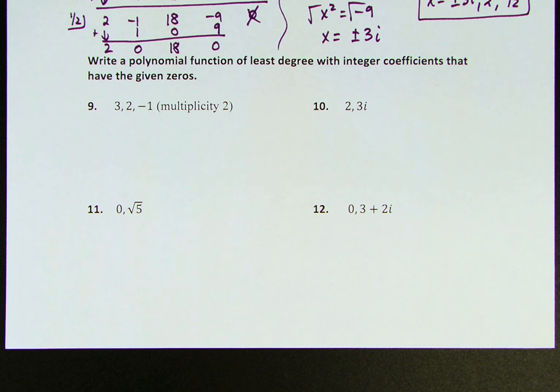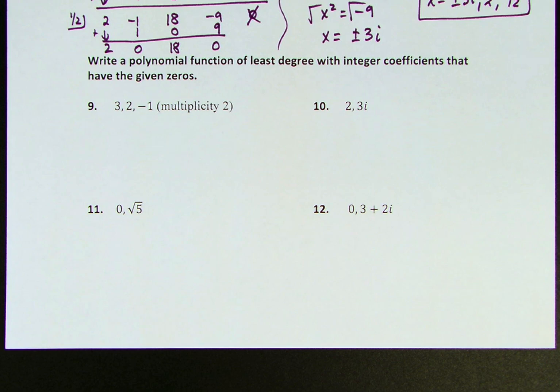Or at the very least, I should have 3 groups of linear factors, or I could have a quadratic factor and a linear factor, because that would give me a total of 3 if we were to finish multiplying it back together. Okay. So we're just going to work through some different scenarios for those types of problems.